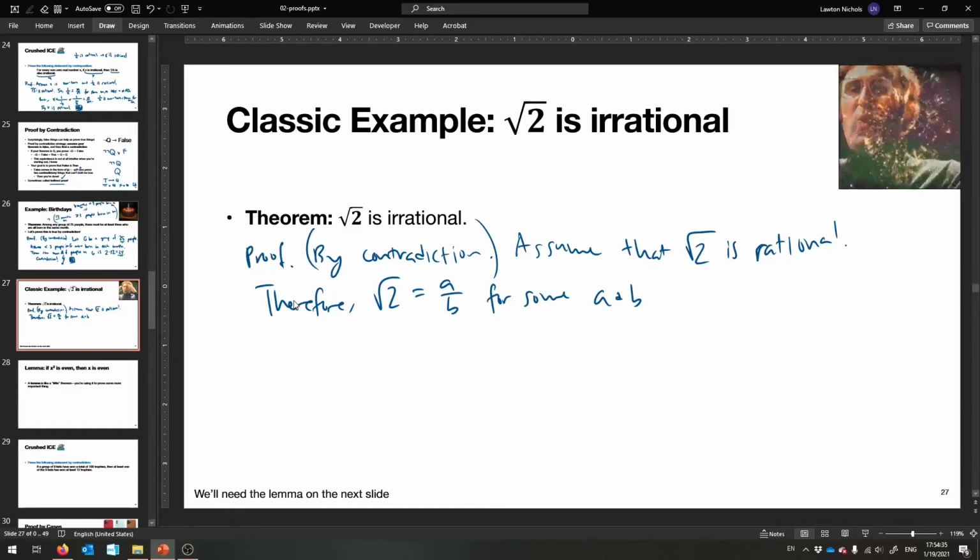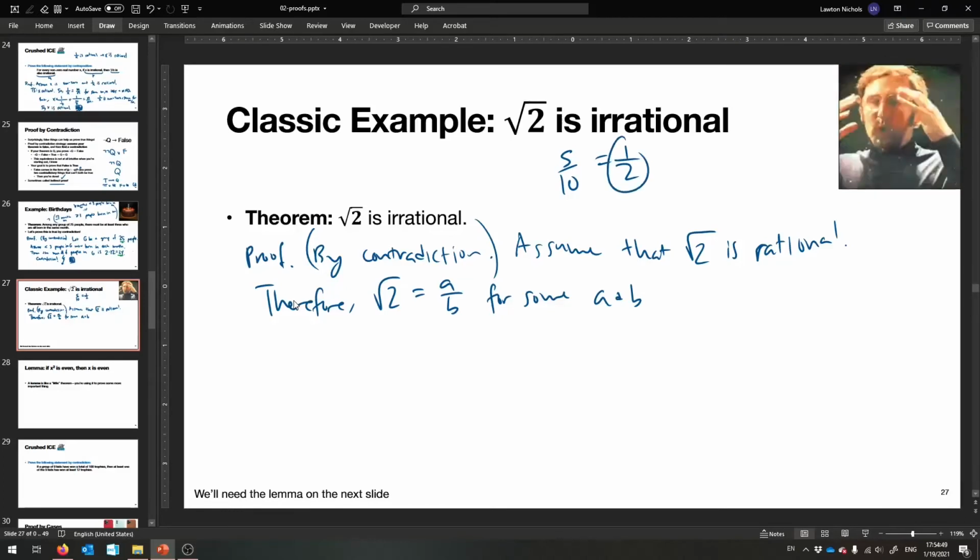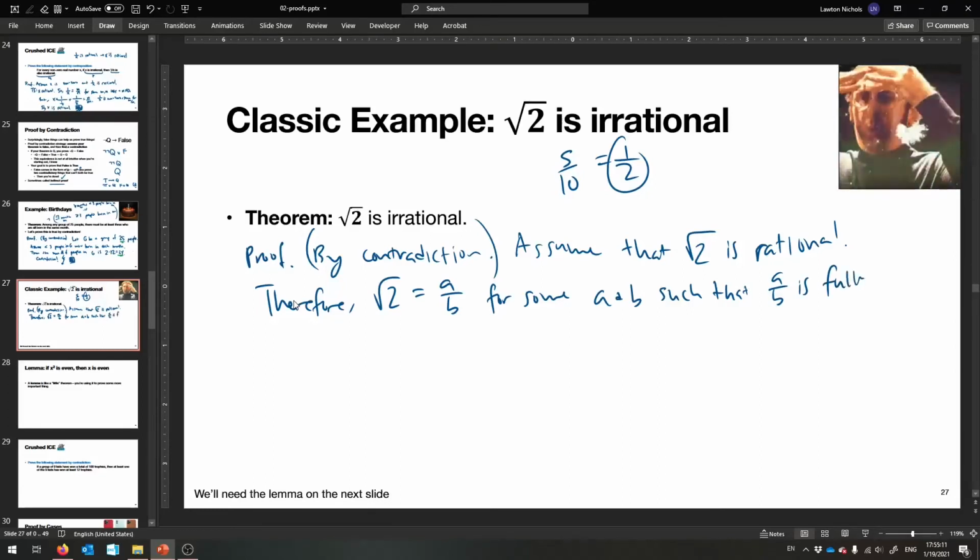And one key thing is I can have some side constraints on this a and b, because all fractions can always be reduced, right? Like 5 over 10 can be reduced to 1/2, but 1/2 cannot be reduced any further. So I can ask for this a and b that some genie is giving to me. For some a and b, I can say that they've been already reduced, a to b such that a over b is fully reduced. It's a fraction that can't be reduced anymore.